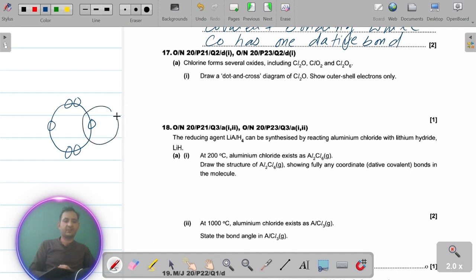So here is a chlorine, here is another chlorine, and oxygen in the middle, Cl, O, Cl. Now I need to draw the electrons of chlorine, six each. Okay, so next.